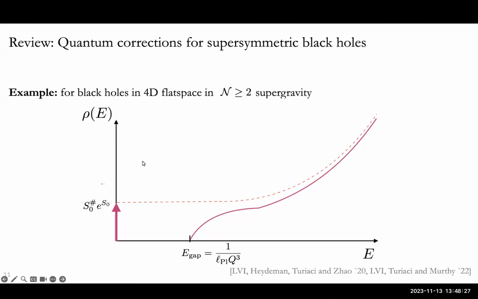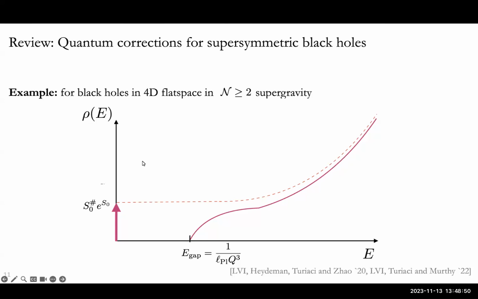But as you lower the energy towards extremality, the density of states exactly vanishes in an interval about extremality, and instead one finds an exact degeneracy at extremality whose value is given by e to the S naught times some one loop determinant factor.